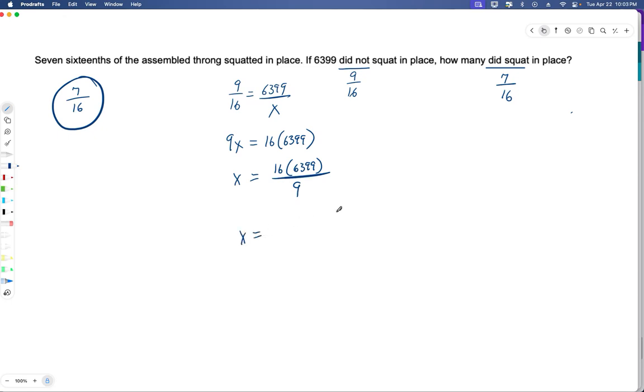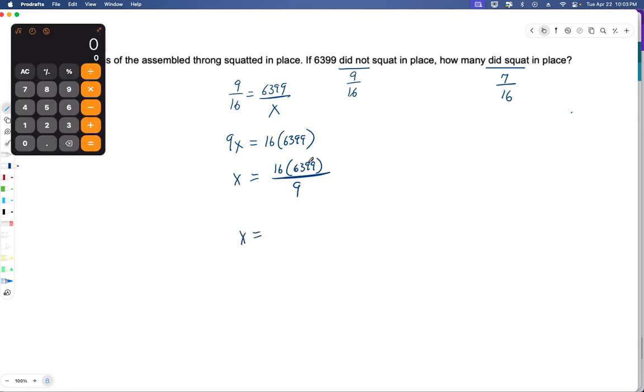So x is equal to, now I'm just going to grab my calculator. This is much faster than trying to stop in between. 16 times 63.99 divided by 9 equals 11,376. That is the total number of people.